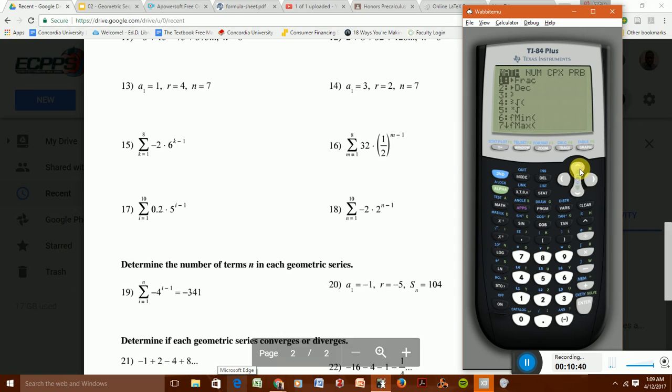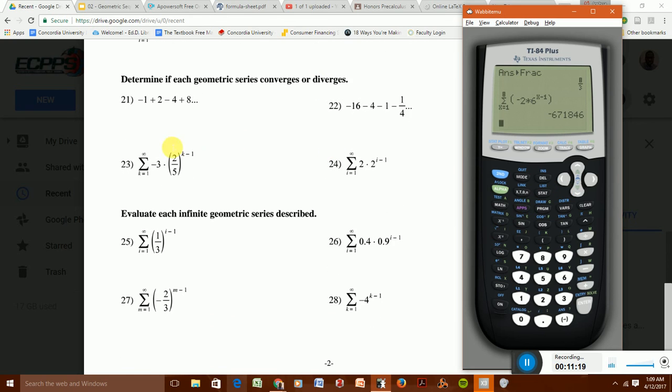So we can go ahead, math, and then say x from 1 to 8, and then we're going to say -2 times 6 raised to the x minus 1. Boom, and it does it right there for us. So we're good to go.